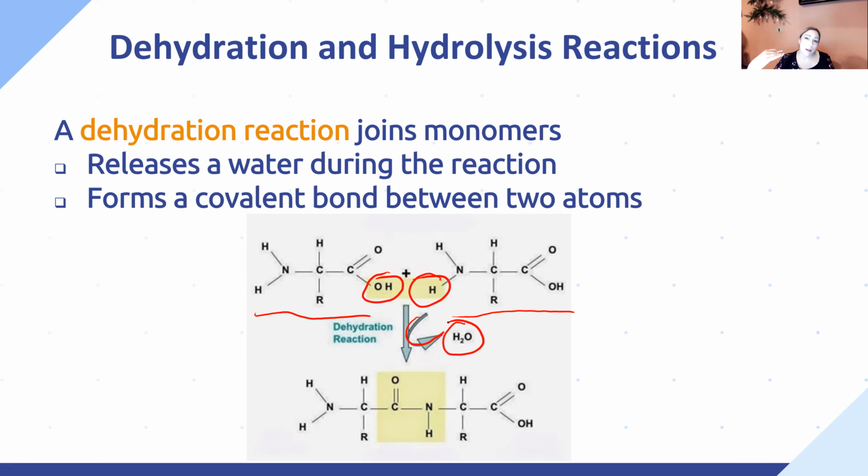Now, when those are released, a new covalent bond is formed between the nitrogen and the carbon. So here's our new covalent bond. Okay, so in dehydration, an OH is lost from one side and H from the other monomer, forming water. Water is being released. And then in its place, a covalent bond is formed, linking the monomers.